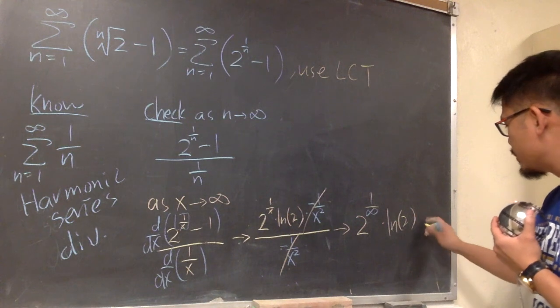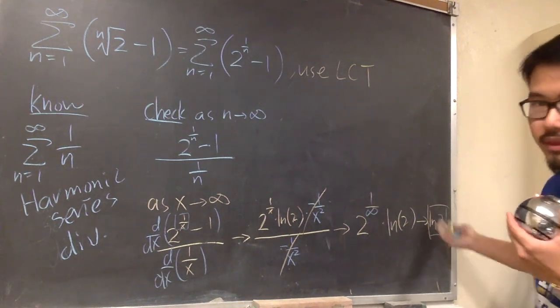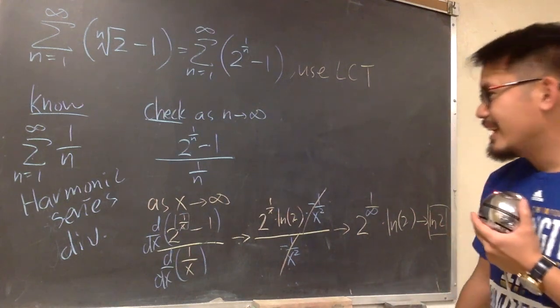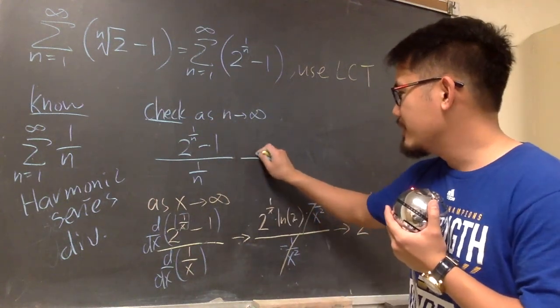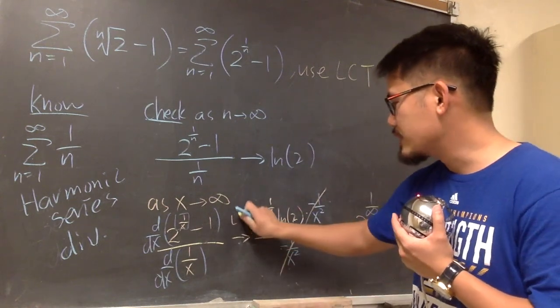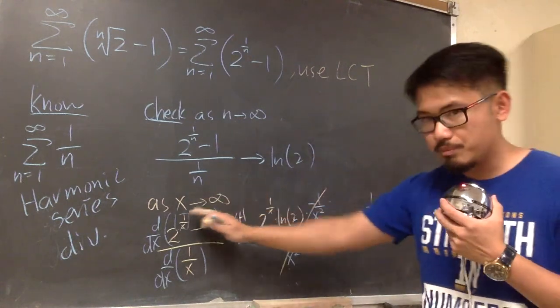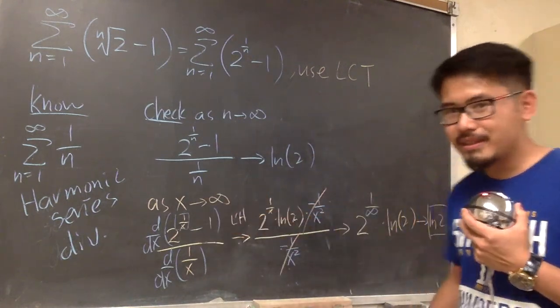So all this is pretty much approaching just ln 2. And this is the limit. This right here is approaching ln 2. And the way that we did that was by using L'Hopital's rule. We have to do it, but we change that to x first. Okay?